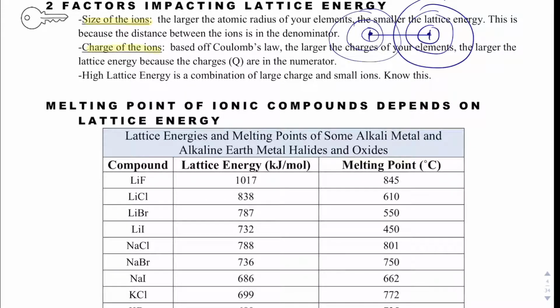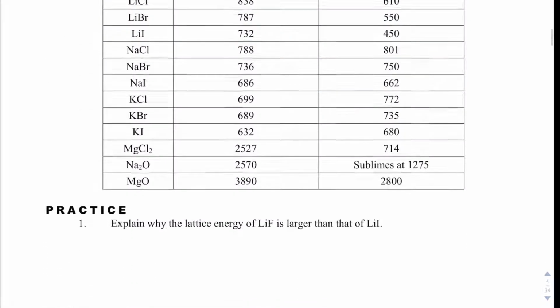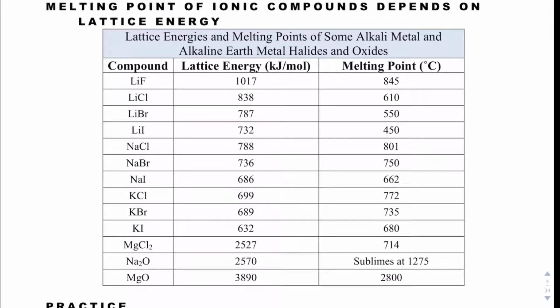Naturally, there's going to be more distance between the two nuclei, and that would lead to lower attraction. And then the charges, the larger the charge, the larger the lattice energy, and that's because mathematically that's in the numerator. Okay, so what we can do is answer some questions here, and I've given you some ionic compounds and their lattice energies and also their melting points. Melting point is directly related to lattice energy.